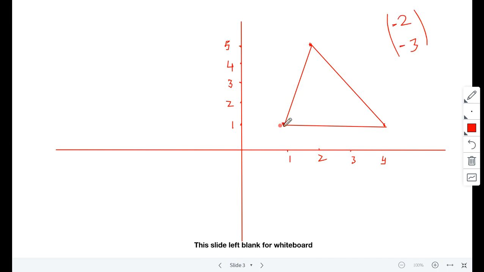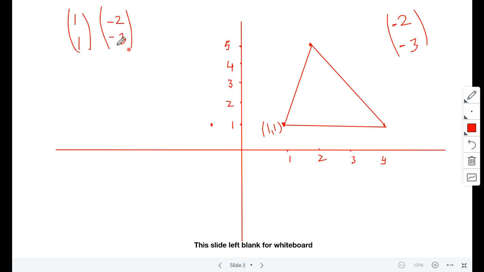I'm starting with the first coordinate, that is 1 comma 1. If I translate 1 comma 1, I write 1, 1, and translate this by minus 2, minus 3. That means 2 units to the left-hand side, which gives me negative 1.